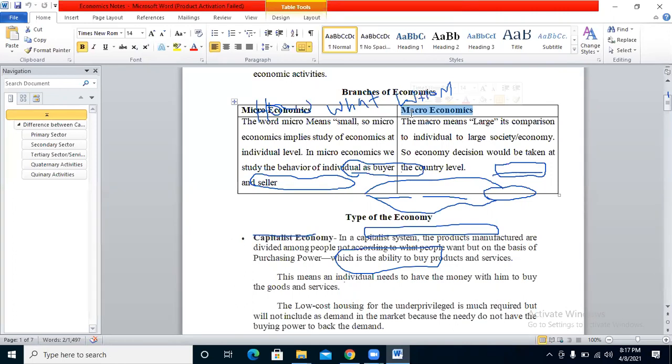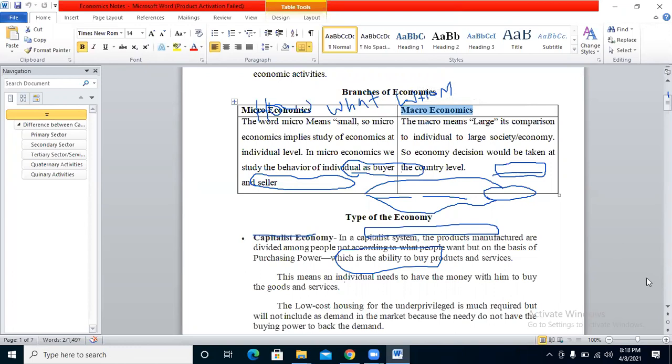Like inflation. Inflation does not affect any individual particularly, but it affects the whole economy. Inflation affects the GDP of the entire country. So this is called a macroeconomic phenomenon.